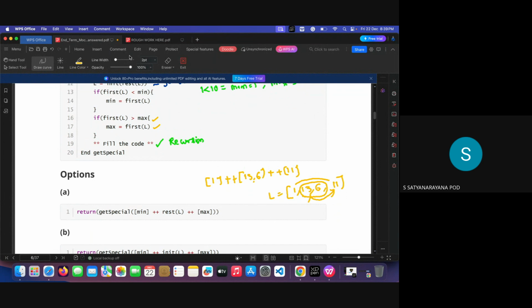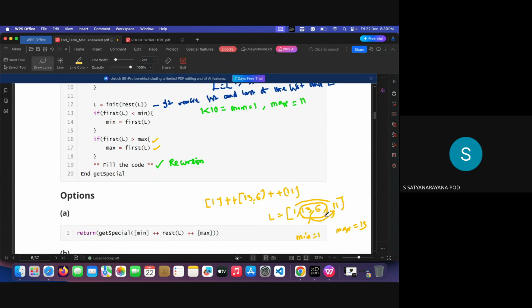In this, 13 is compared with max, which is 11, and 13 is bigger. Now max is updated with 13 and min still remains 1, because this condition is not satisfied: first contains 13, min contains 1, so no problem with the min. Clear?